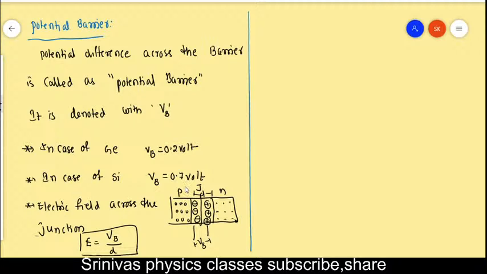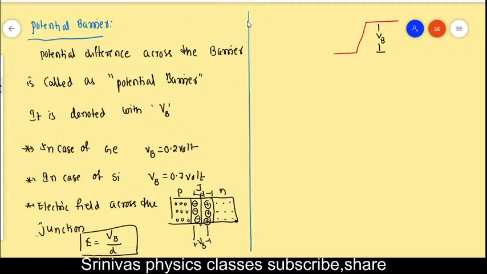And next, we can also write it like this. The potential barrier opposes the motion. This is the potential barrier, just like a wall. The potential barrier VB is the potential difference. This is the lower potential, this is the higher potential, and the difference is VB.